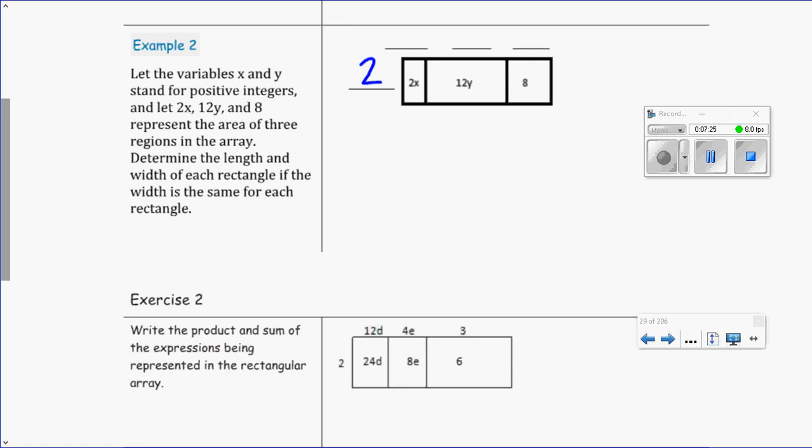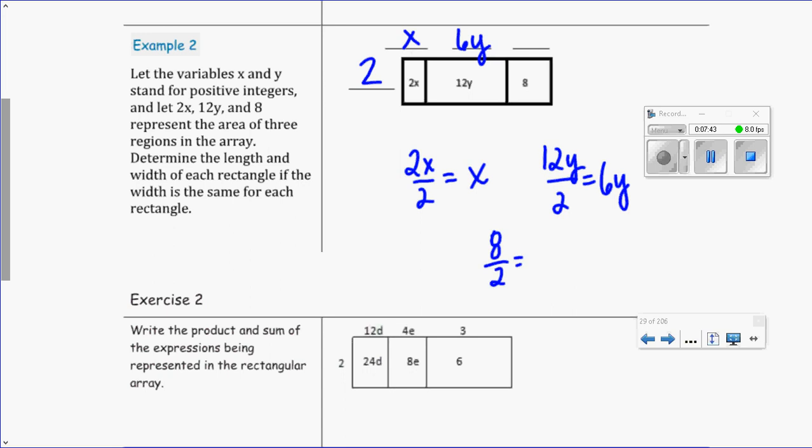So now we're going to divide each term by 2, like 2x divided by 2, which is just x, and that goes here. Then I'm going to do 12y divided by 2, and that leaves me with 6y. Then I'm going to do 8 divided by 2, which is the easiest of all, right? That's just 4.